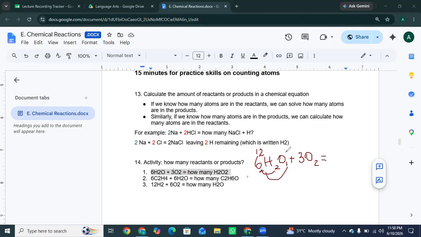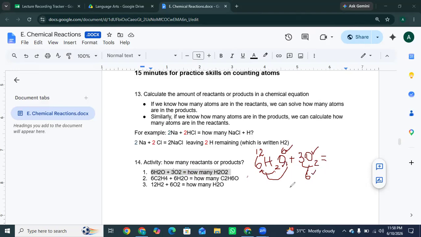And we also have another oxygen atom, which means you have to multiply this with this. 3 multiplied by 2 is 6, or 2 multiplied by 3 is 6 also. So the total oxygen, like we have this oxygen atom and this oxygen atom, its value is 6 and it's also 6.